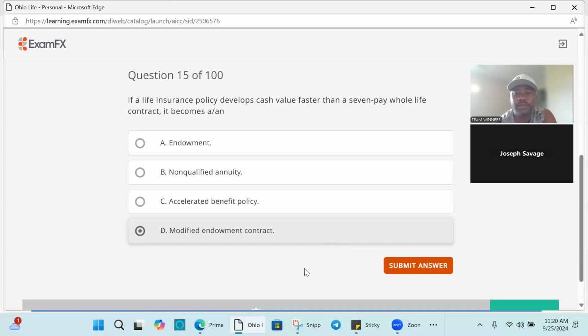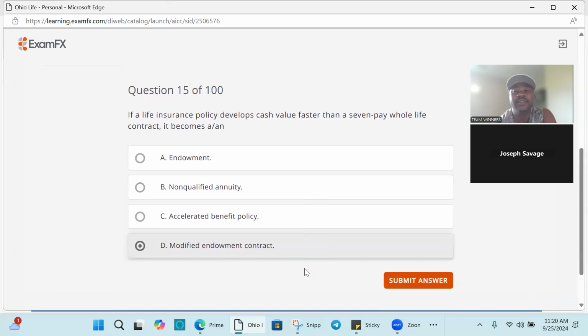Don't overthink this, okay? If I pay in more than I'm supposed to, so if I was paying $100 a month for 7 years, that's $8,400. If they look at my contract and I've paid in $10,000, it switches from being a life insurance policy. The IRS classifies it as a modified endowment contract, which simply means this: if I take any money at all out of my modified endowment contract, it's immediately taxable.